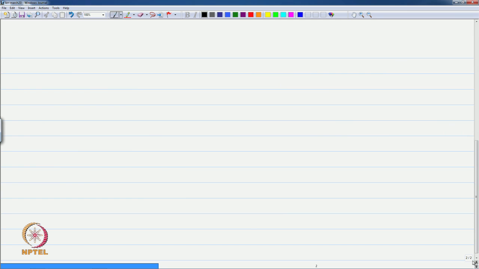Now, if you remember when we were talking about semantics of first order logic, we had said that if there was some domain D, then we could define a set of abstractions.